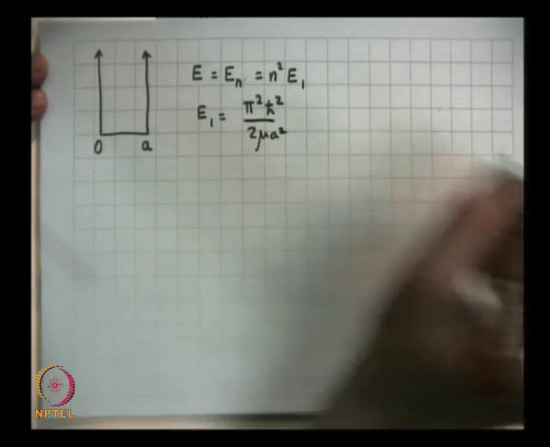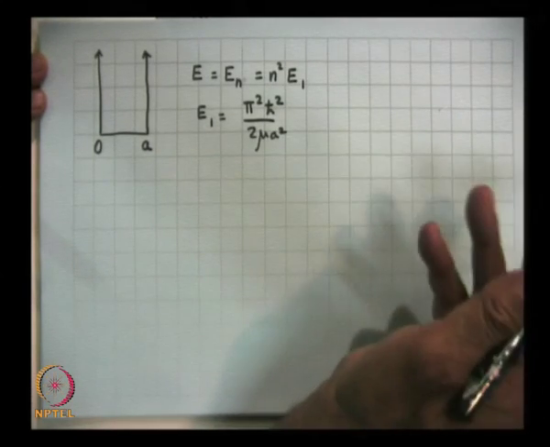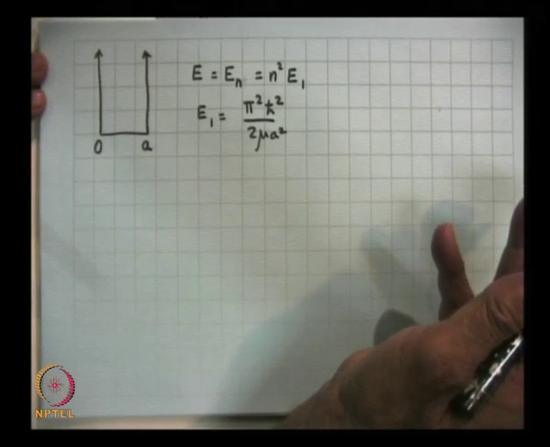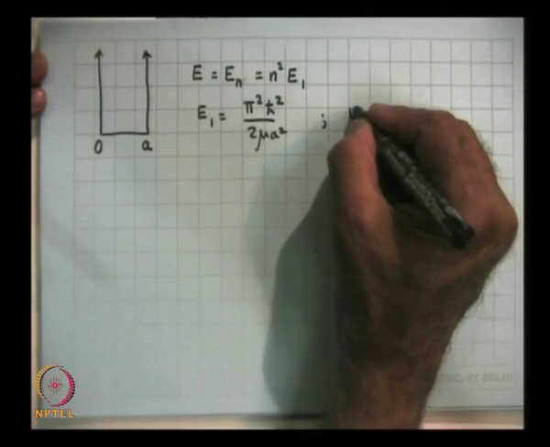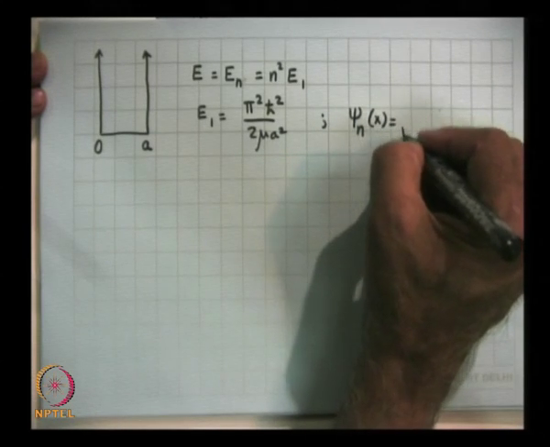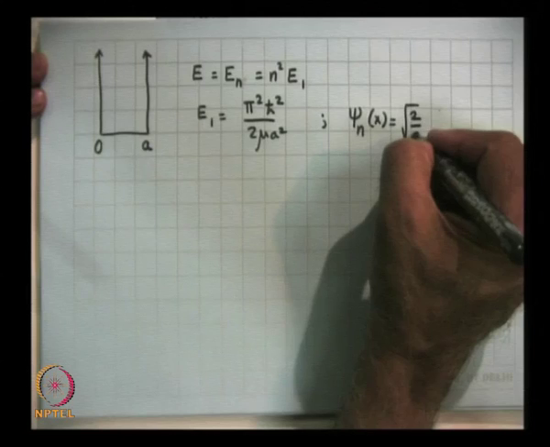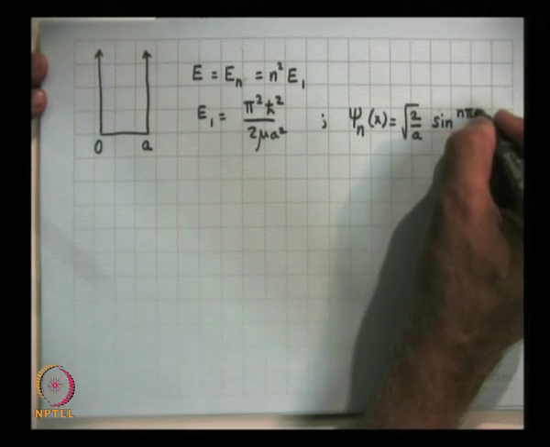These are the eigenvalues, and as you can see, all eigenvalues are real. We had also derived that the normalized wave functions are given by under root of 2 by a sine of n pi x by a.